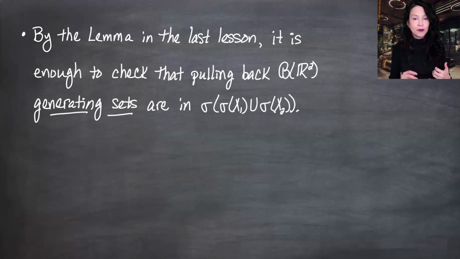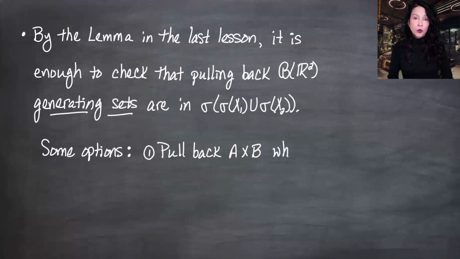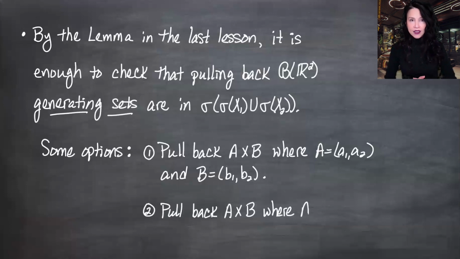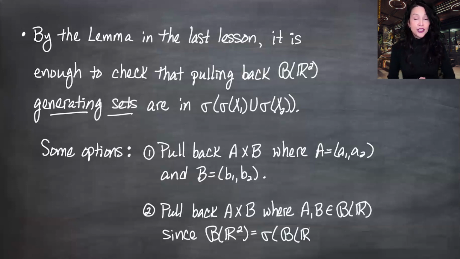The 2 that come to mind first is we can pull back a set of the form A cross B, where A and B are 1-dimensional intervals, A1 to A2 and B1 to B2, because those rectangles, A1, A2 cross B1, B2, generate the 2-dimensional Borel sets. But we also know that the 2-dimensional Borel sets is the sigma field generated by the cross product of 1-dimensional Borel sets.